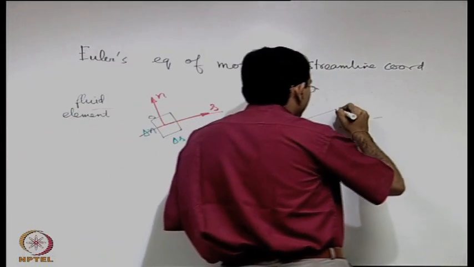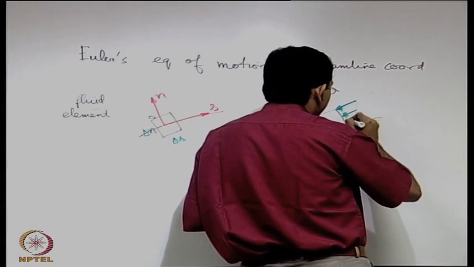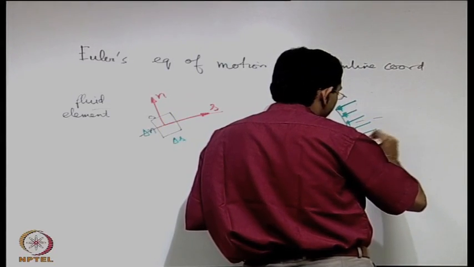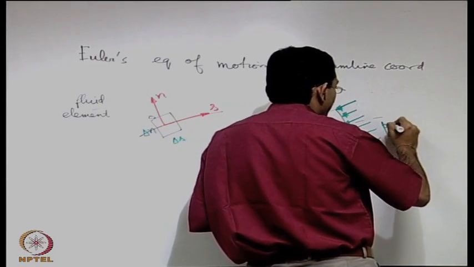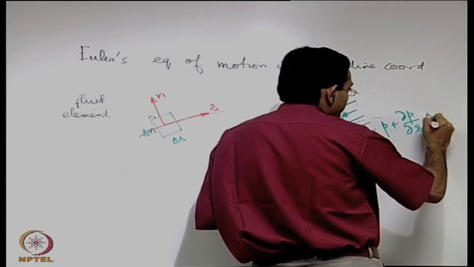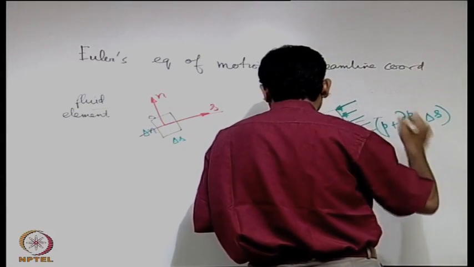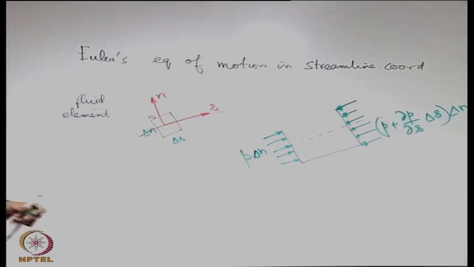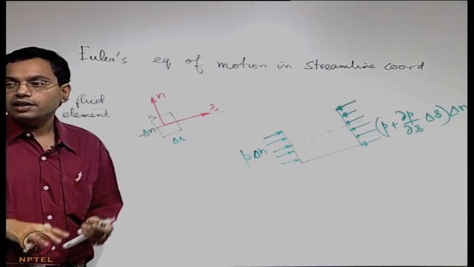Then there will be a pressure distribution here, P plus this into delta n. Remember, whenever we are talking about the Euler's equation, the most fundamental assumption that we are making is that it is an inviscid flow.